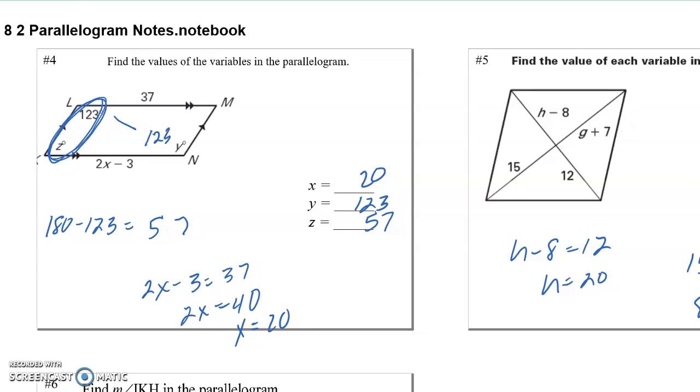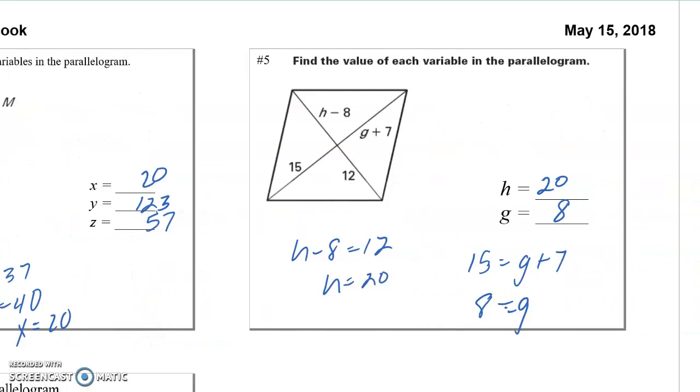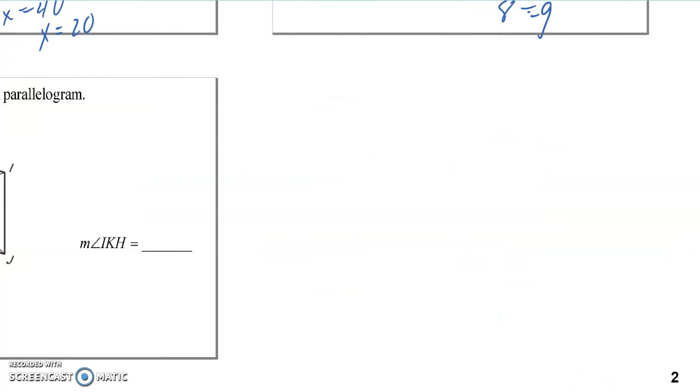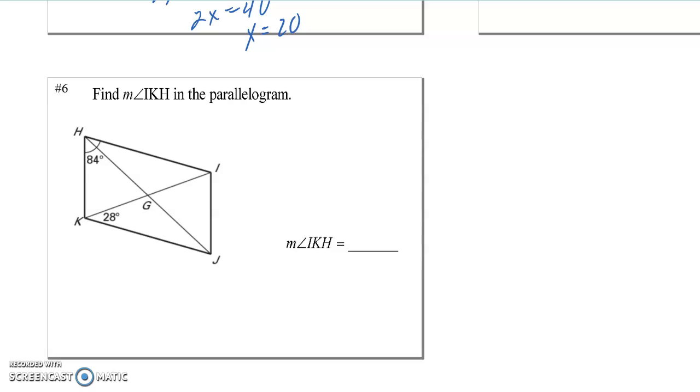So z is 57. In number 5, I'm going to look at the fact that this diagonal is cut in half. So this is going to be equal to this, and this guy is equal to that. So you're going to set that up and get these answers. And then we're going to look at this last one together.